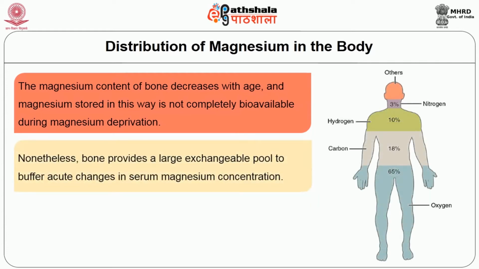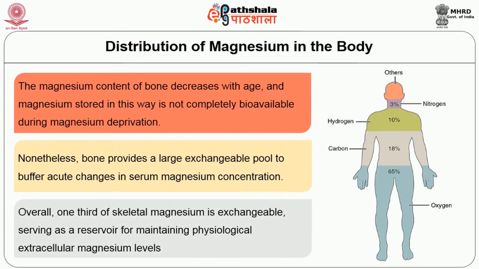Nonetheless, bone provides a large exchangeable pool to buffer acute changes in serum magnesium concentration. Overall, one third of skeletal magnesium is exchangeable, serving as a reservoir for maintaining physiological extracellular magnesium levels.